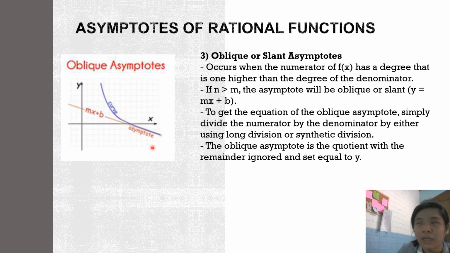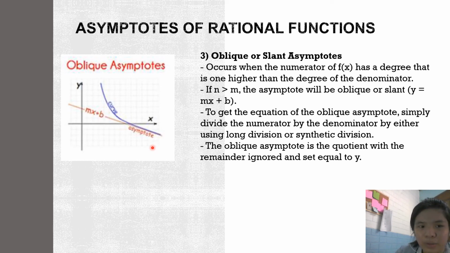So, i-recall muna natin, no? Yung vertical asymptote, yung mga restrictions yun na makakapag-make ng undefined sa function natin. That's vertical asymptote. Yung horizontal asymptote naman, may condition tayo, right?